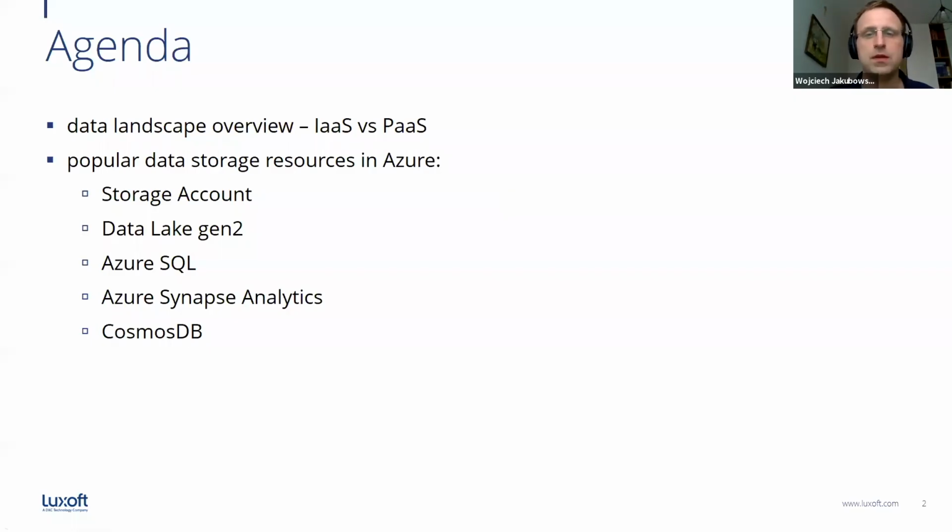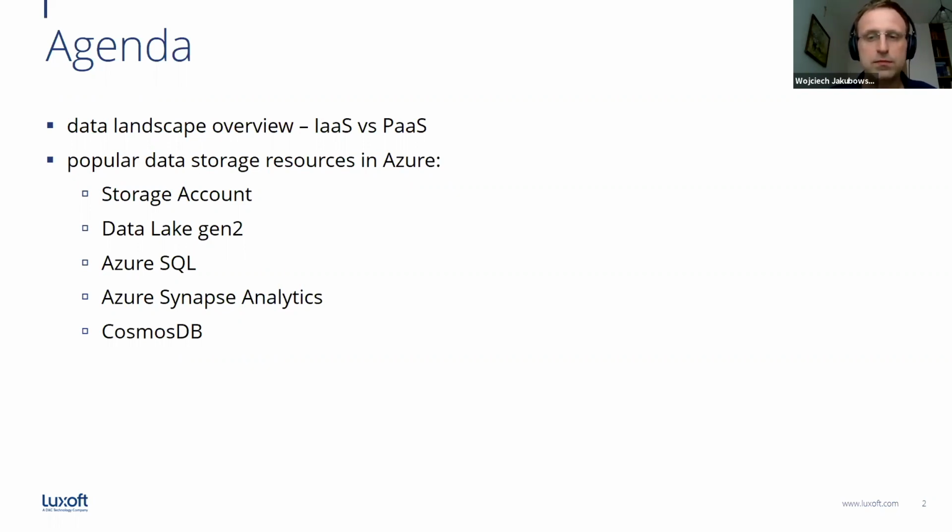Right. So for starters, I'll briefly describe the difference between infrastructure as a service and platform as a service in the context of data storage technologies. Then I'll walk you through popular Azure offerings: storage account, data lake, Azure SQL, Azure Synapse Analytics, and CosmosDB.